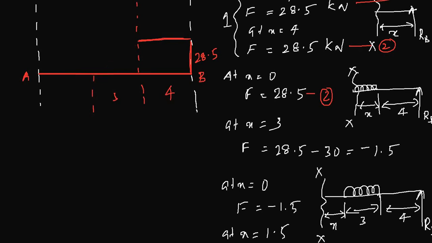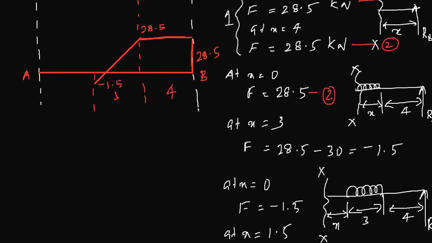Because for a UDL it will not be a curve, it will be an inclined line. So from a maximum value of 28.5 here, you move to minus 1.5 at this point.